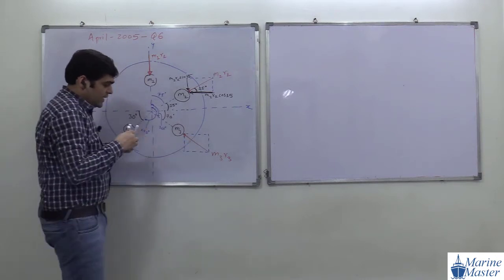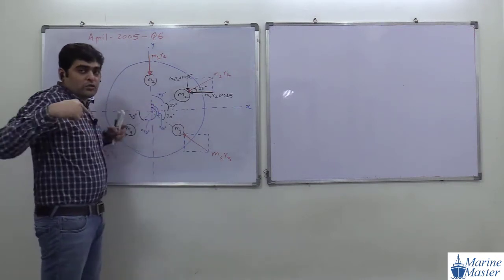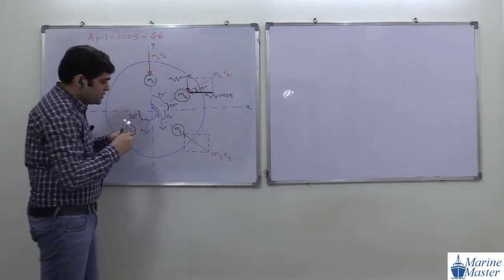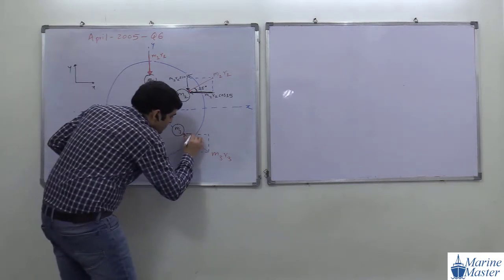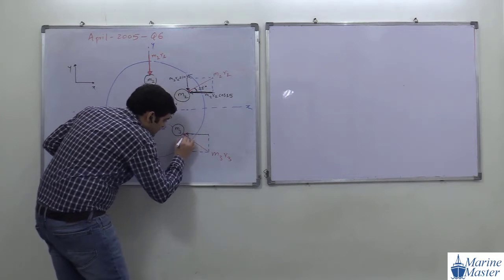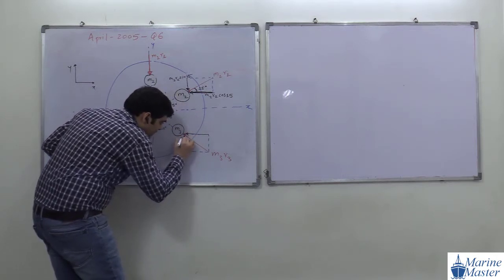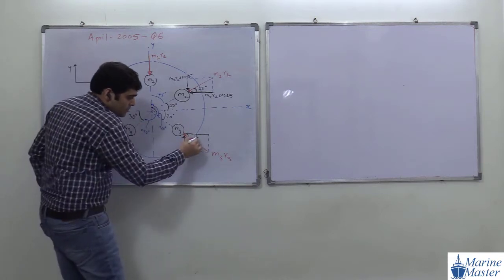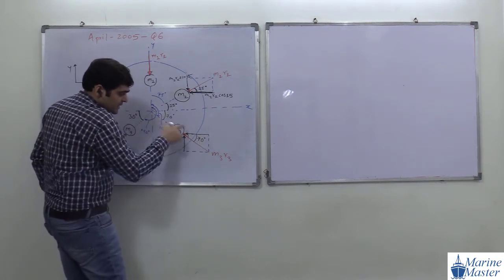Here force is going inward, so component also going inward. Second way of representation of the component. So this is one component, and this is another component. This angle is 70 degree, so this angle will also be 70 degree.